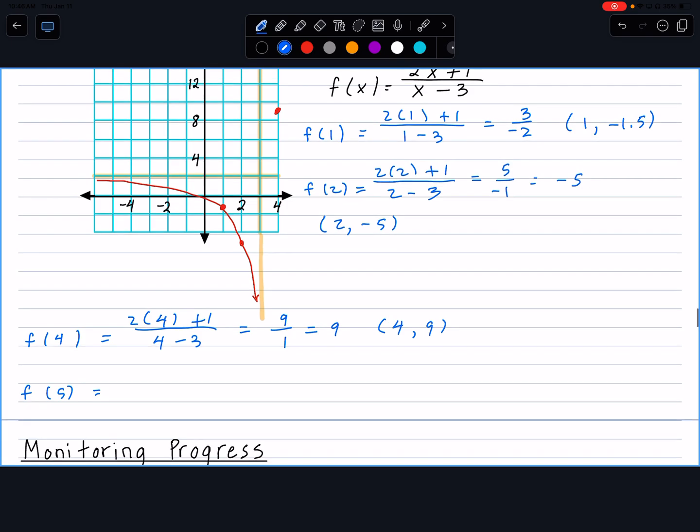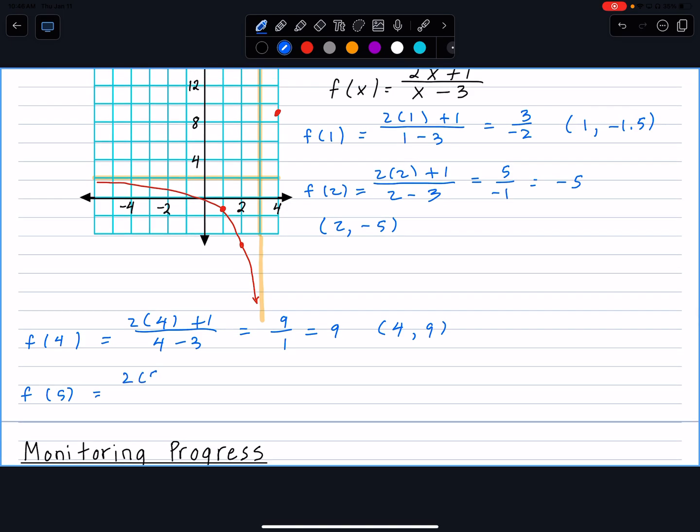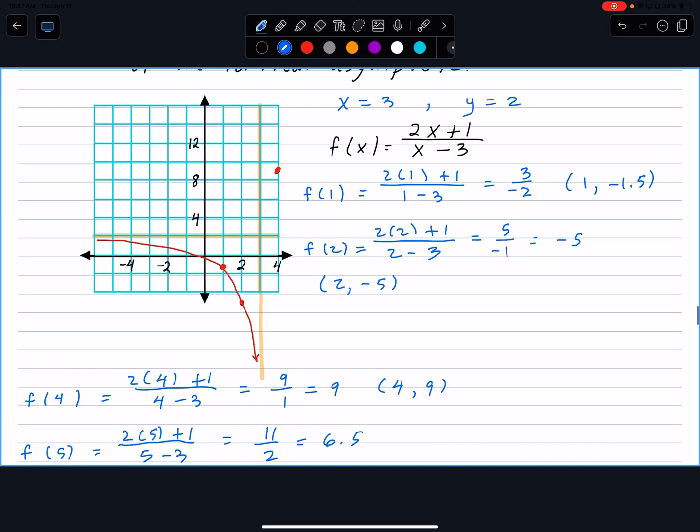We get 2 times 5 plus 1 over 5 minus 3, which is 11 divided by 2, which is 6.5. This point's going to be off my graph a little bit, so 6.5 is, I think, right about there.